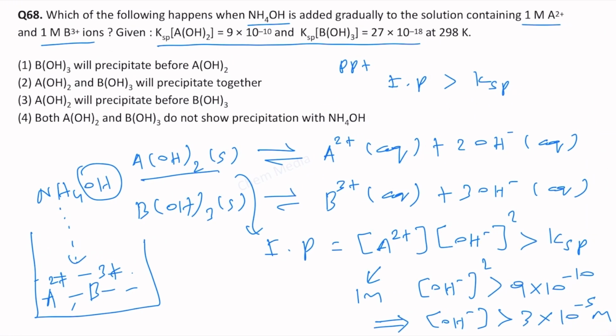Here it is 3 times 10 to the power minus 5 and there it is 3 times 10 to the power minus 6. So we need a smaller OH- concentration to make a precipitate of BOH thrice. This means BOH thrice will precipitate before AOH twice. So therefore option 1 is the correct choice here.